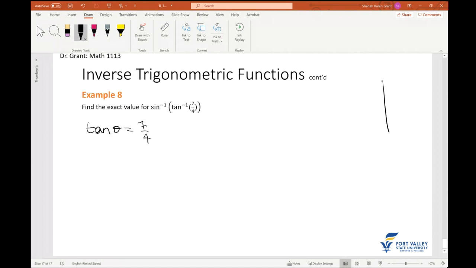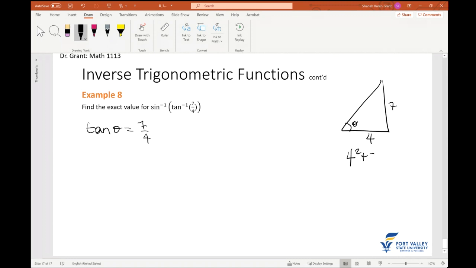So if I were to draw my triangle, we know that tan, if I put my theta here, is adjacent over hypotenuse. Over opposite. No, it's opposite over adjacent.